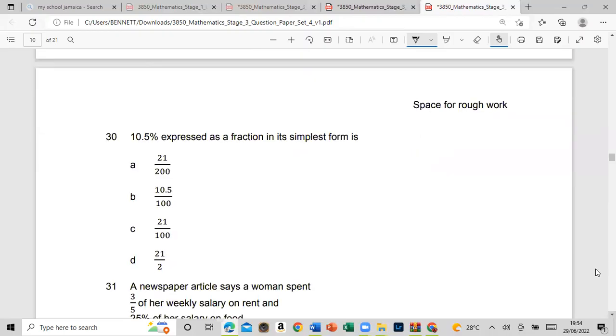10.5% expressed as a fraction in simplest form is, it's the simplest. So let me see what I'm going to do. Over 100. When you divide by 10, that's our.